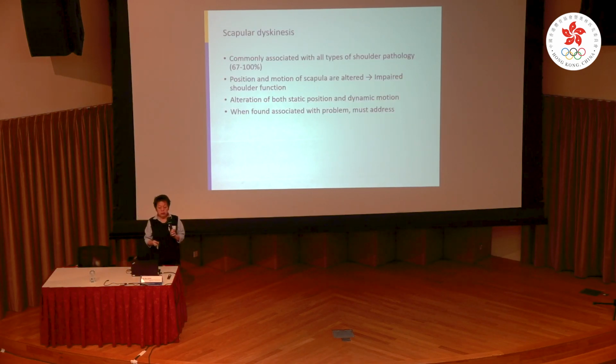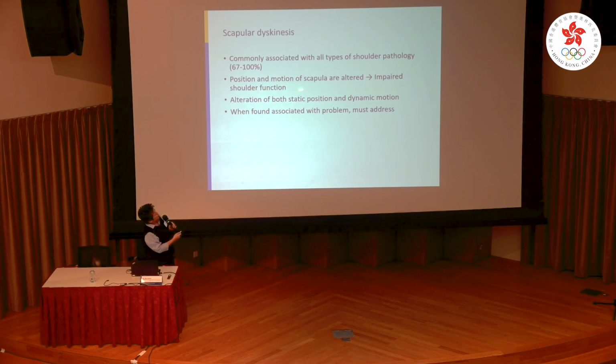So there is a term that we use called scapular dyskinesis. Kinesis basically is movement, so it's a dysfunction in the movement. It's commonly associated with all types of shoulder pathology. It can be the cause, but it can also be a result of a painful shoulder where the scapula is not moving properly.